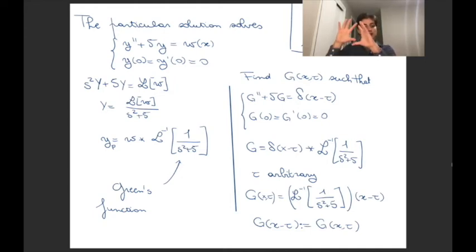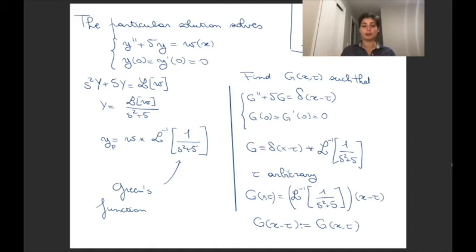And here, this L inverse of 1 over s² + 5 is the Green's function. But I can also determine it by saying that the Green's function is a function of x and tau, such that it solves the linear operator equals a right-hand side that is the Dirac delta computed at x minus tau, and the trivial boundary conditions.